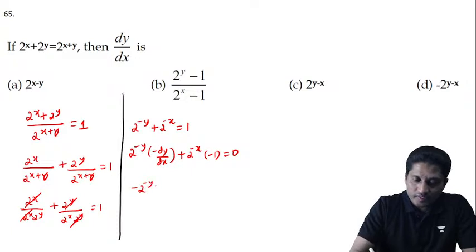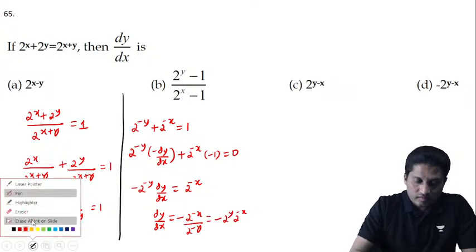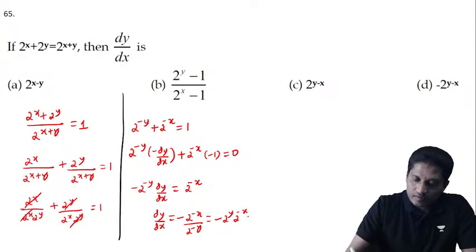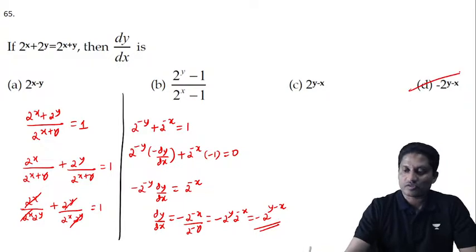Minus 2 power minus y into dy by dx. Right side, if you shift, you get 2 power minus x. From this, dy by dx is equal to minus of 2 power minus x divided by 2 power minus y. This will be minus of, shifting to the numerator, 2 power y into 2 power minus x. Powers are added, so it is equal to minus 2 to the power of y minus x. Answer is option D.